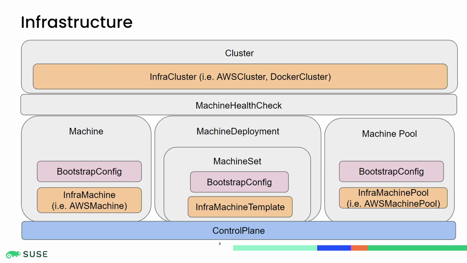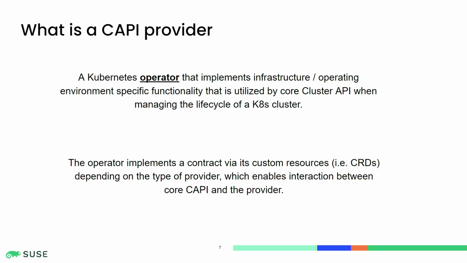Some infrastructure providers support machine pools, where they have infrastructure machine pools, basically, that you see on the slide. They will be responsible for creating infrastructure machines in that pool. And whenever you scale up, let's say, a machine pool, it creates the machines and infrastructure machines accordingly. Let's jump to the next slide.